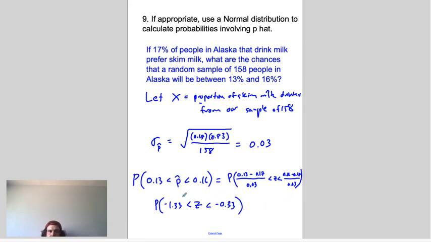So if we're looking at that on the curve, let's take a look. Negative 1 is right there, negative 1.33 is probably right here, negative 0.33 is probably right there. So we're finding the probability of that area.